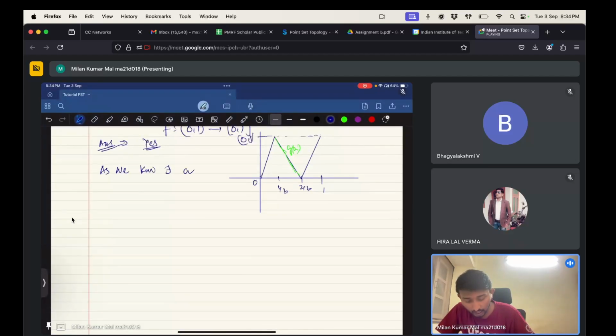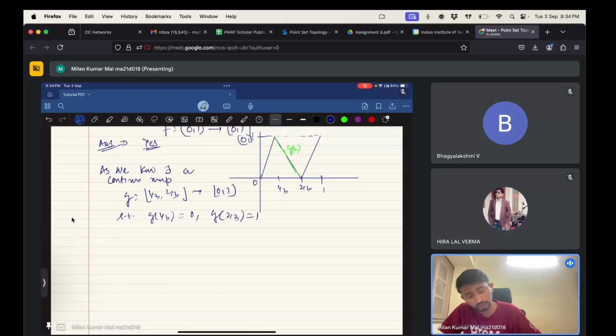As we know, there exists a continuous map g from the closed interval [1/3, 2/3] to [0,1], such that g(1/3) equals 0 and g(2/3) equals 1. Consider a straight line joining (1/3, 0) and (2/3, 1).